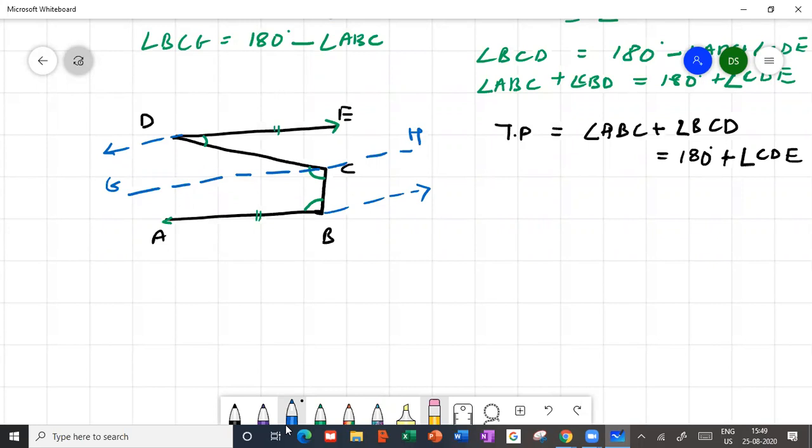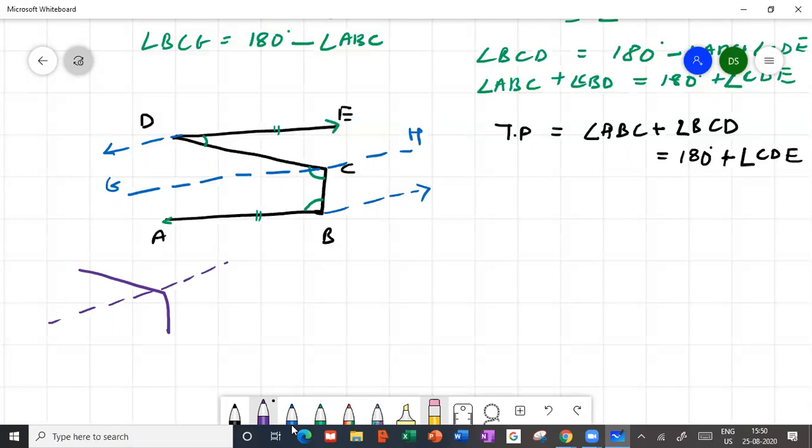Yes, ma'am. Any response? So yeah, don't blindly draw a line just because they have said it in the solution. Understand why they drew this line. So AB is parallel to DE and this line DCB is like this, so it can't be considered as a transversal. So what we did is we drew another parallel line and broke them into two transversals. Correct?